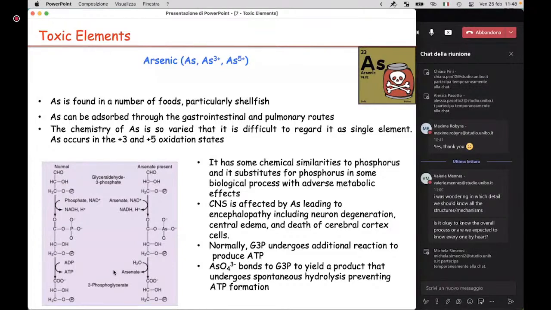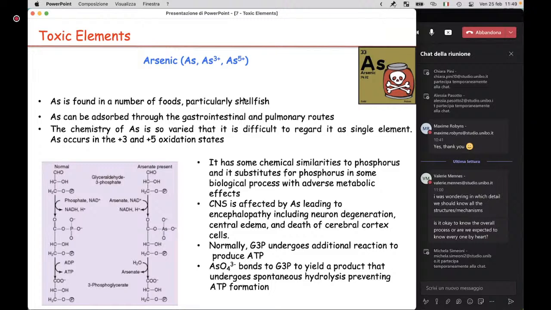Okay, arsenic. We have seen that it is not a metal, it is a metalloid, but it has the same kind of toxicity as heavy metals. The two most frequent arsenic ions are arsenic 3+ and arsenic 5+. Arsenic is quite common as a contaminant in shellfish, of course through the water.